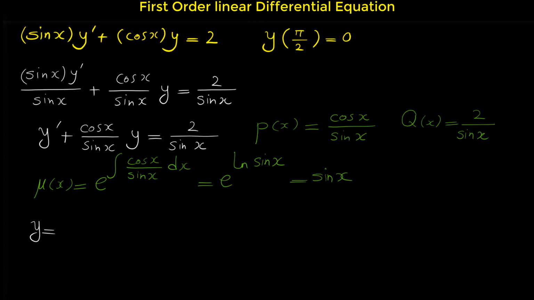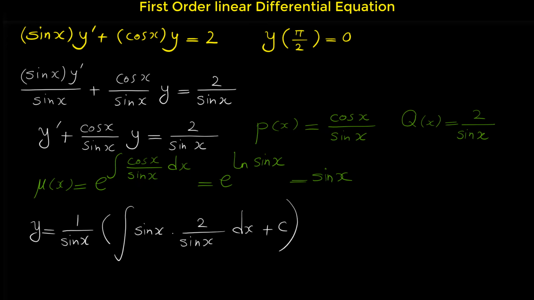y equals 1 over the integrating factor, which is sine of x, so 1 over sine of x, times the integral of mu of x, sine of x, times q of x, which is 2 over sine of x, dx plus c.